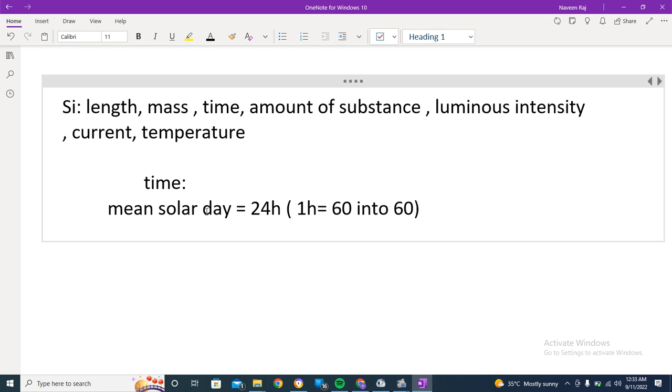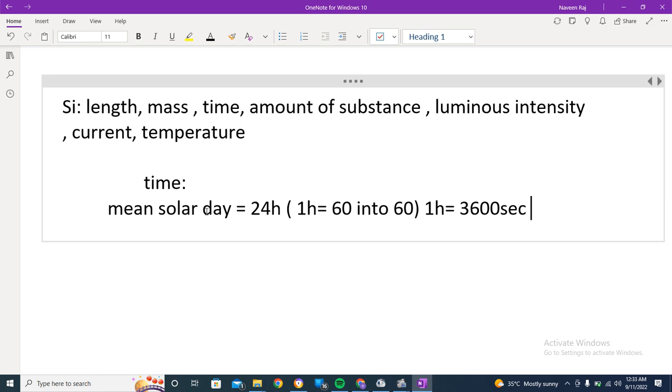Okay, so 1 hour is equal to 60 into 60. So 1 hour is equal to 3600 seconds, right? So this is what 1 hour means. 1 hour means 3600 seconds. If we look into the formula, 1 hour is 60 minutes, and 60 minutes further have 60 seconds each. So we have got that 1 hour is equal to 3600 seconds.